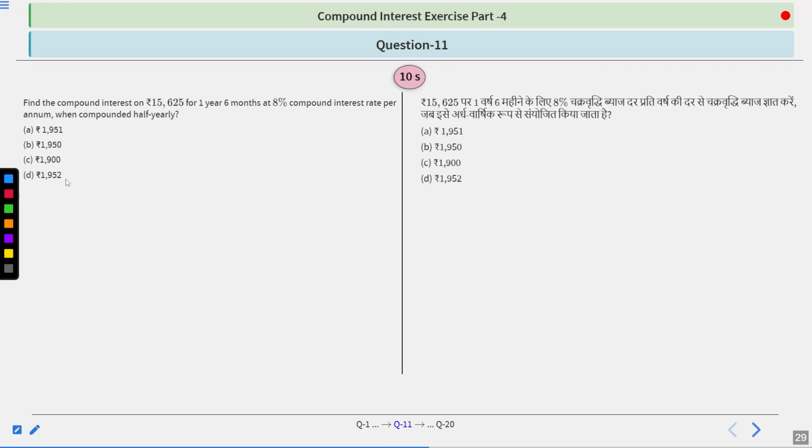Next, find the compound interest on rupees 15,625 for 1 year 6 months at 8% compound interest rate per annum when compounded half yearly. And the options are option A, rupees 1951, option B is rupees 1950, option C is rupees 1900, and option D is rupees 1952. These are the options.